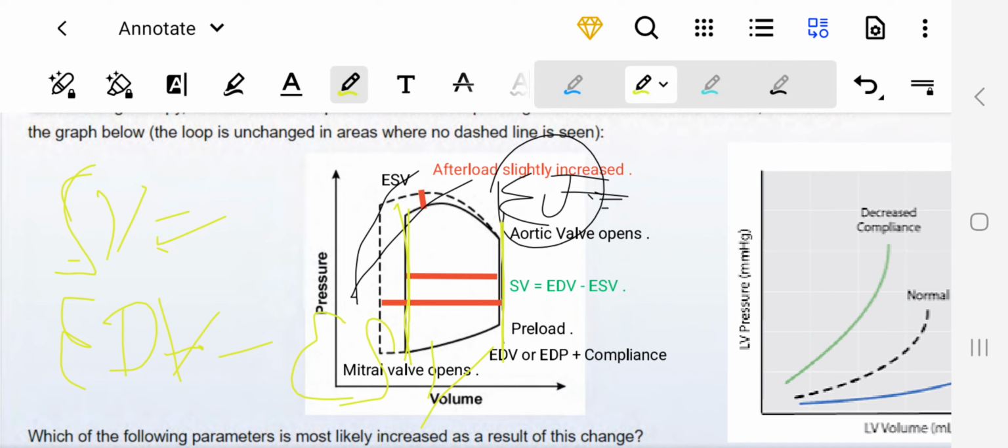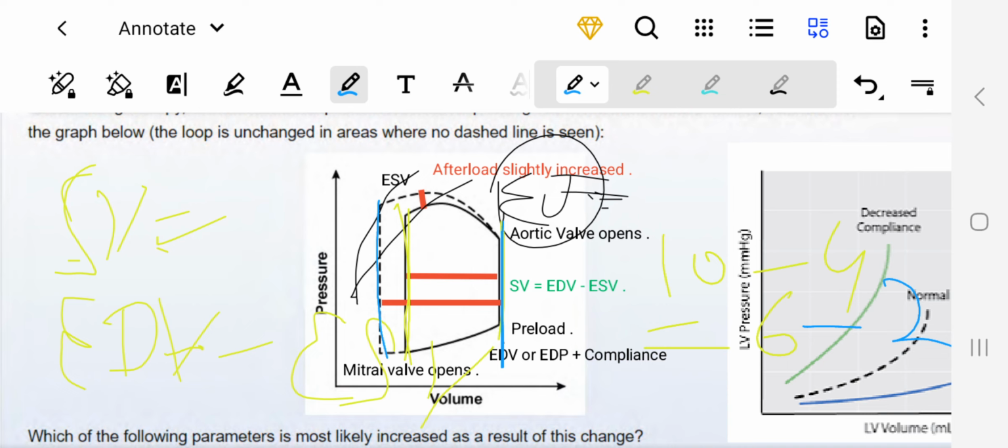Let's say the end diastolic volume initially was 10, minus the end systolic volume initially was 4, so the stroke volume was 6. But now in this case, let me try with another marker, the end diastolic volume is the same, but the end systolic volume has decreased, so let's say we write 2.